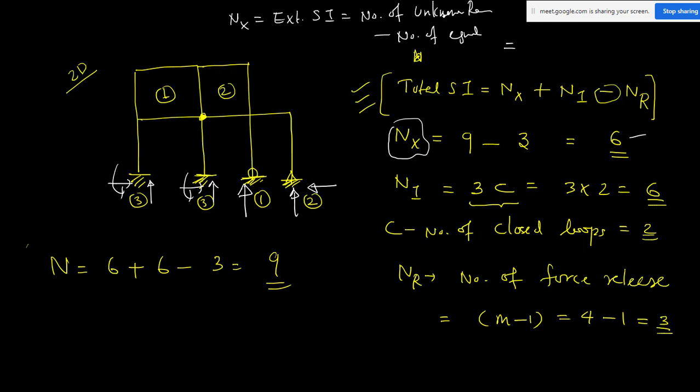How many unknown reactions? 9. How many equilibrium equations do we have for a 2D frame? 3. This is 6. I cannot show 6 in the frame. It has no significance, it is just a number. This number indicates I have 3 equations only, but I have 6 more unknown reactions. Total I have 9 reactions. This 6 indicates the extra equations you need to solve, only as far as external static indeterminacy is concerned.